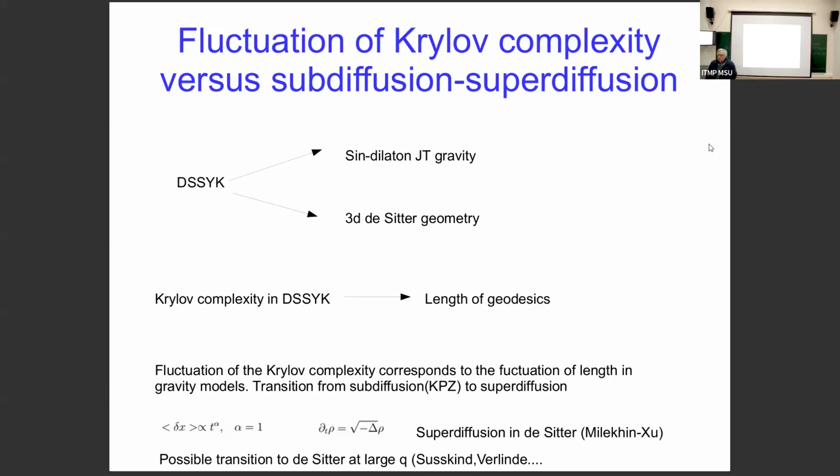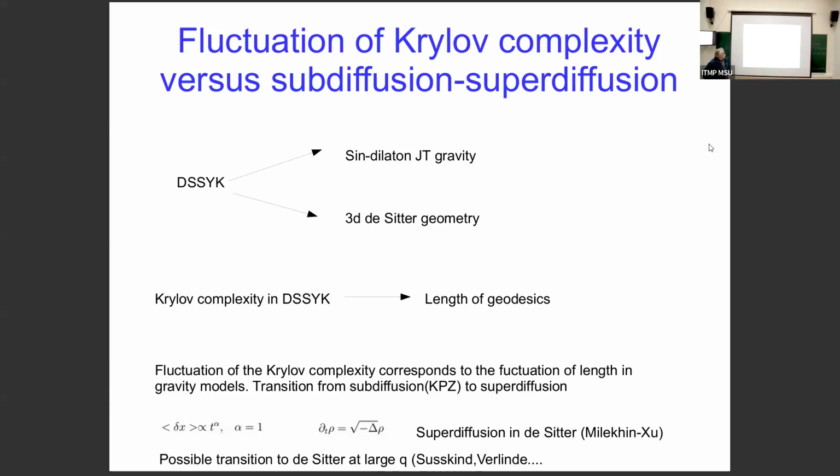Your proposal is central, right? No, it's a proposal by Susskind and Verlinde. Our result is not that; this is known. Who proposed the connection between complexity and gravity, and in which versions?